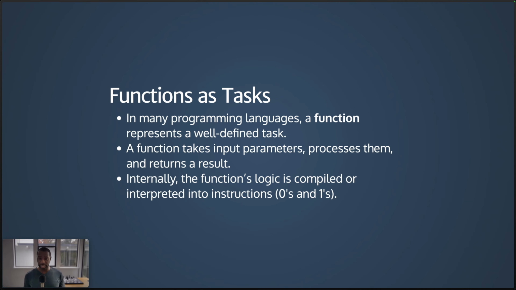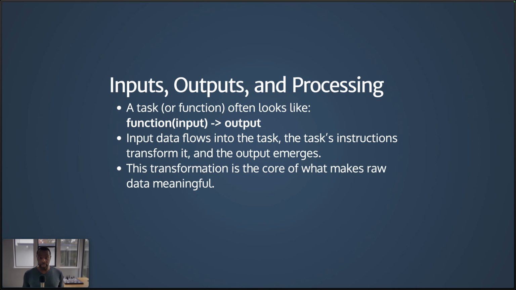Internally, the function's logic is compiled or interpreted into instructions, which again are zeros and ones. So a task or function often looks like the following: its function, input, returns, and output. You see this in math all the time, y equals f of x.